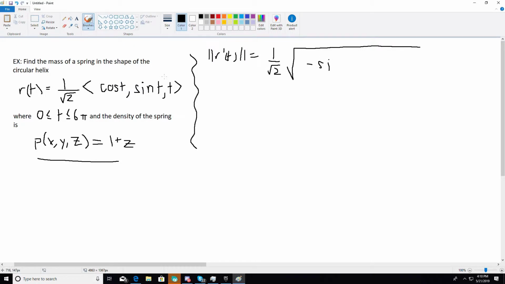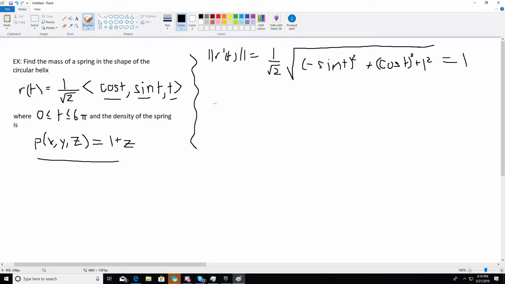So now we need to take derivatives of each of these parts. The derivative of cosine of t is negative sine t, square it, plus the derivative of sine of t is cosine t, square that, and plus 1 squared, which is just 1. And we would find that this all equals 1.